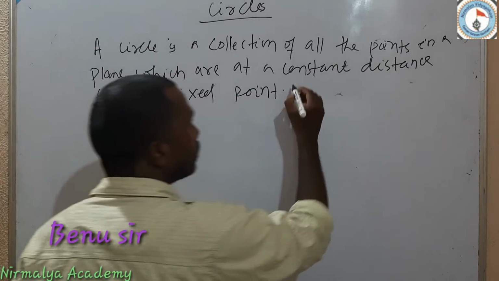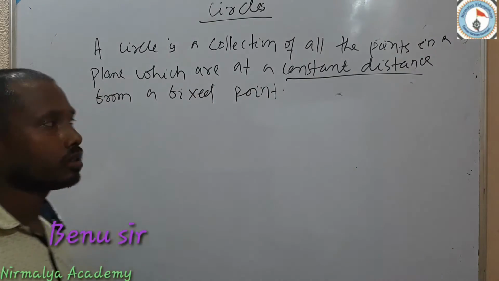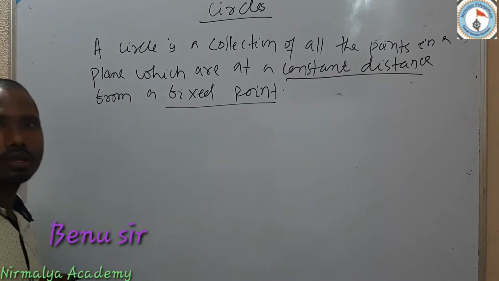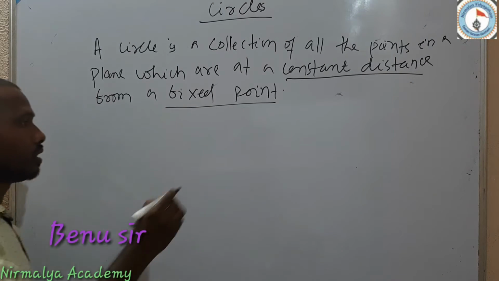So the constant distance is known as radius and the fixed point is known as center of the circle.